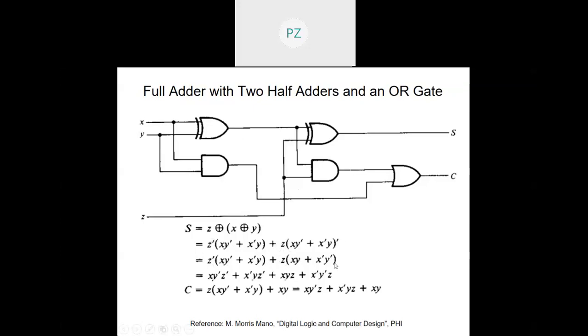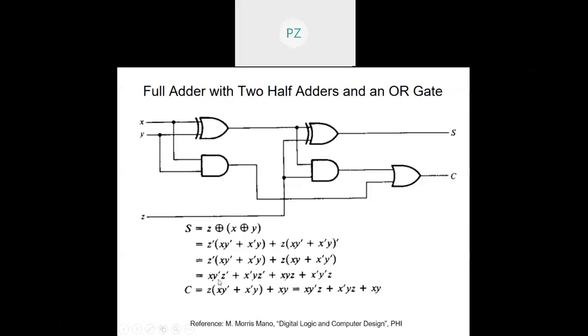Now let us apply De Morgan's theorem here. When I apply De Morgan's theorem, we know that the complement of exclusive OR is the exclusive NOR. So I have basically replaced this by the exclusive NOR function, right? Because exclusive NOR is nothing but the exclusive OR followed by a NOT function, and this is the expression of exclusive NOR we have seen earlier today itself, right?